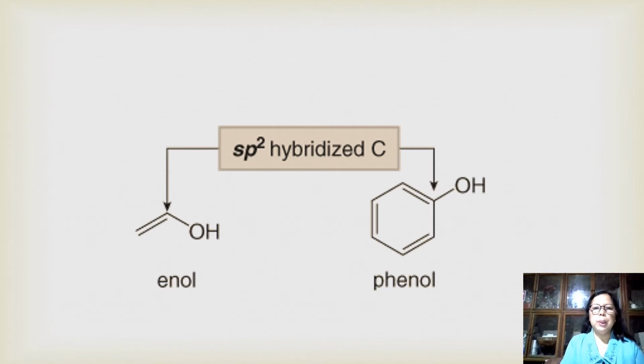So this is the sp2 hybridized carbon, now in the single bond carbon, double bond carbon. So this is the enol portion of the phenol. In aromatic compounds, the carbon has the hybridization of sp2.